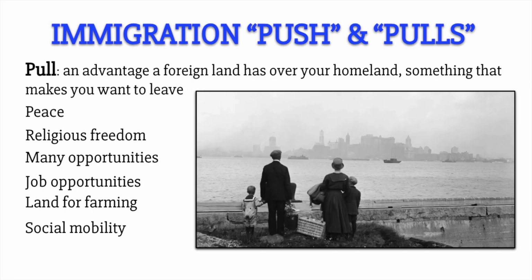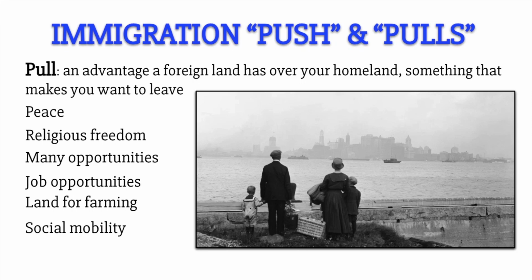Well, what would be the pull factors here in the United States? A pull factor would be an advantage a foreign country has over your homeland, something that would make you want to leave, like living in a peaceful place free of war and violence and persecution.